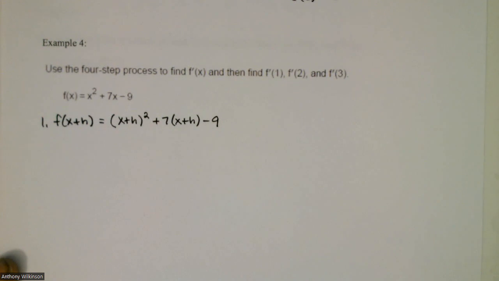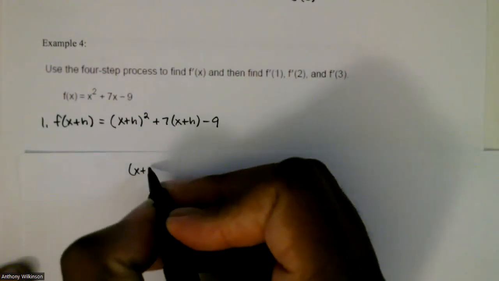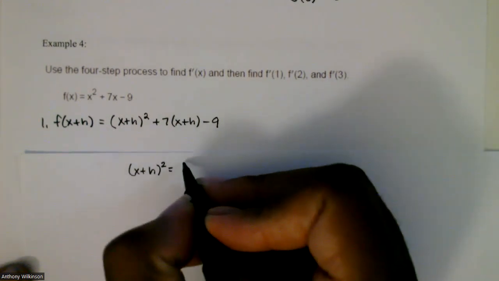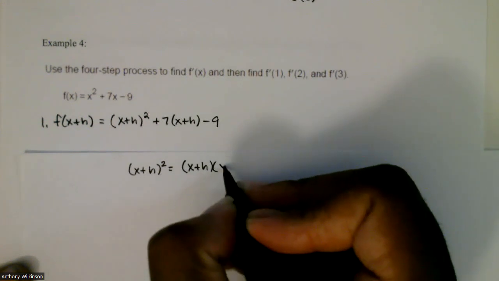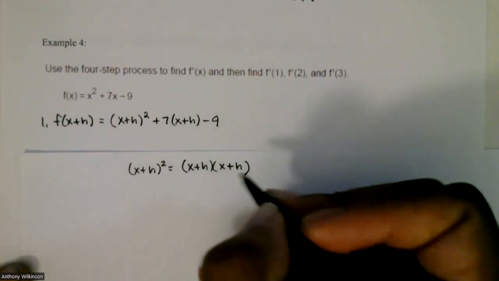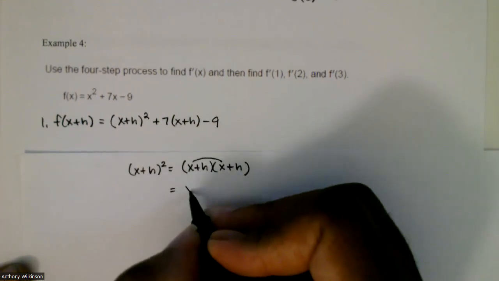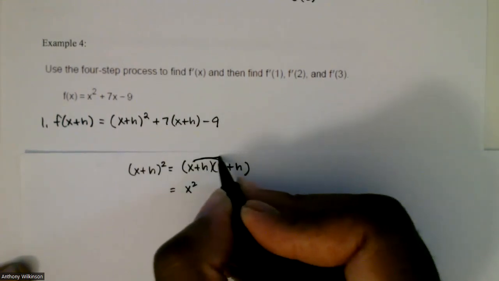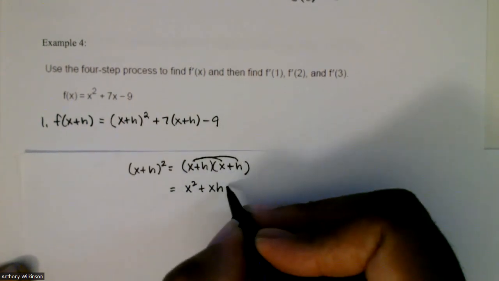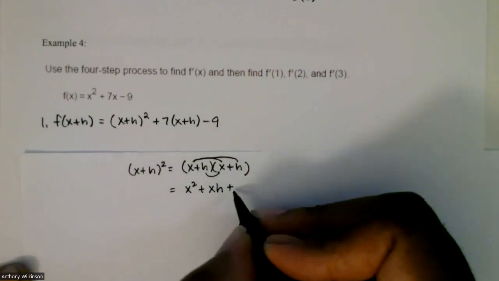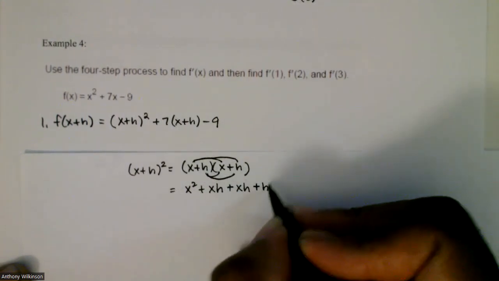That x plus h quantity squared, the x plus h is used as a factor twice. So we need to write that as x plus h times x plus h. So here, x times x would be x squared. The outer x times h, xh, plus h times x will be xh again, plus h times h, h squared.